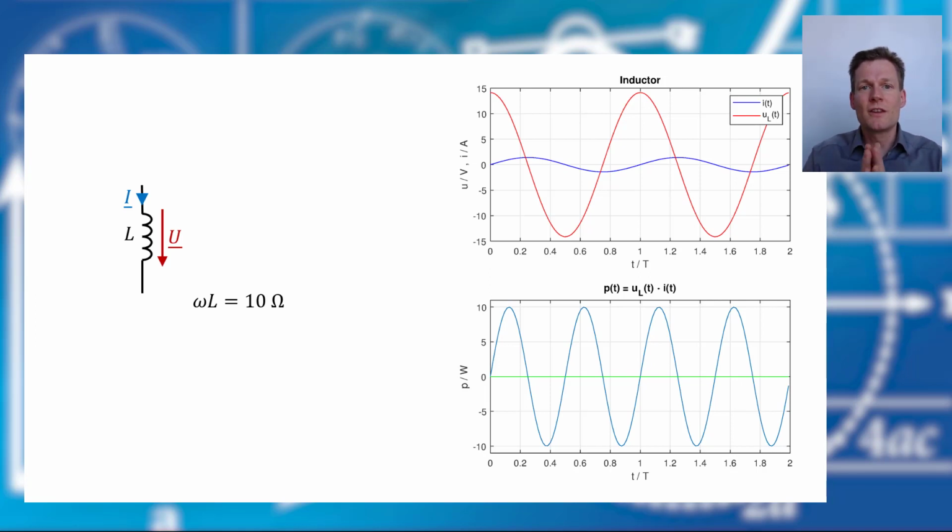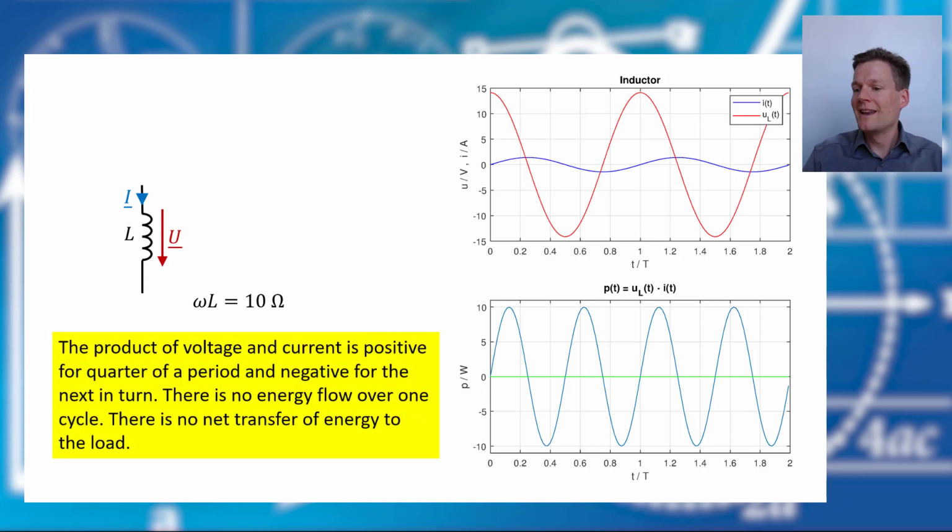And the energy the inductor consumes will be stored in a magnetic field, and this field gives its energy back into our electric circuit. But the net power transfer is 0.